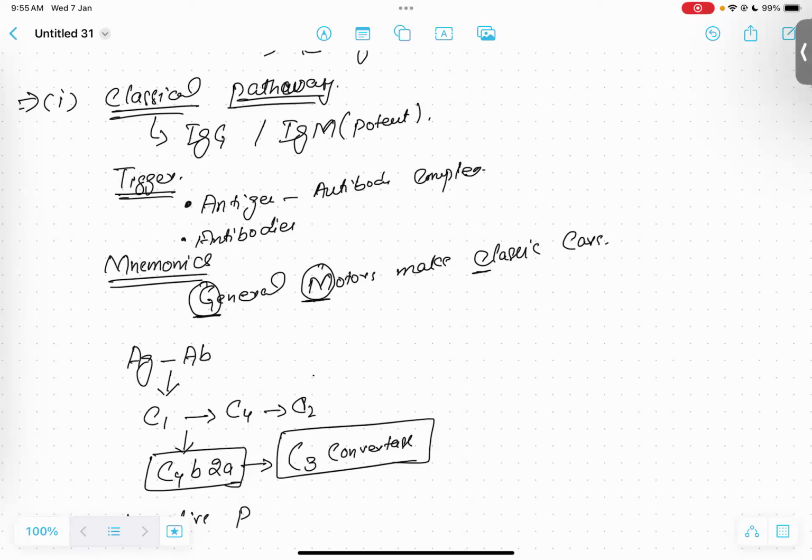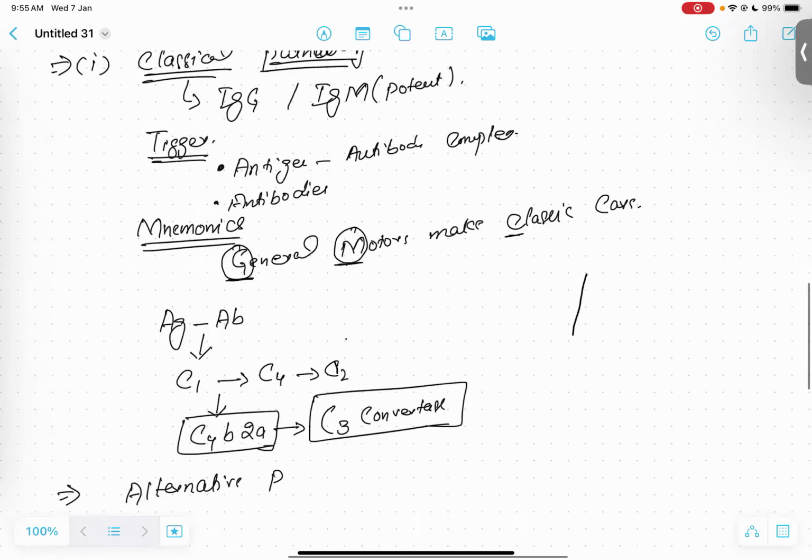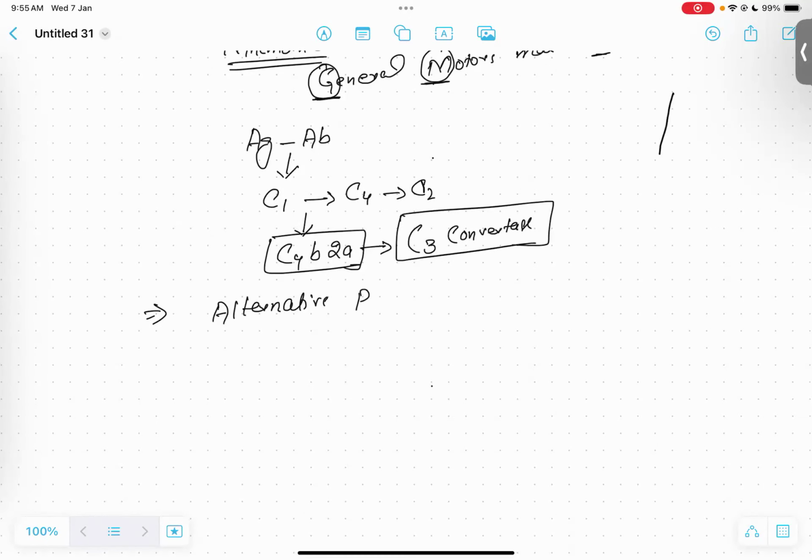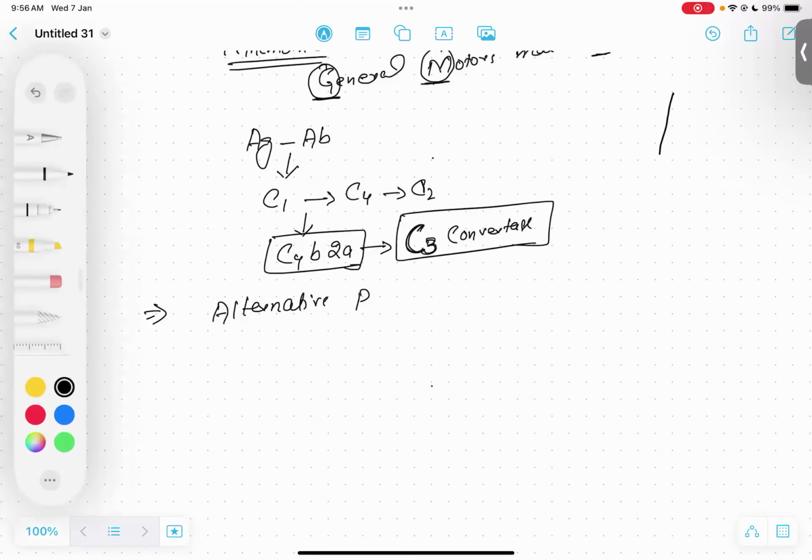When these antibodies combine with antigen, they activate C1, and then C1 activates C4 and C2, and C4b and 2a form a complex. This complex is called C3 convertase. We're going to discuss how this C3 convertase will work.